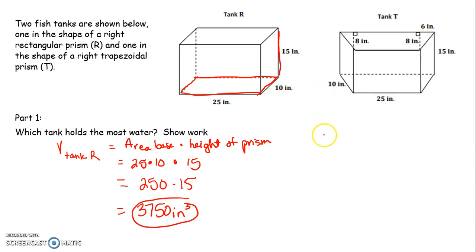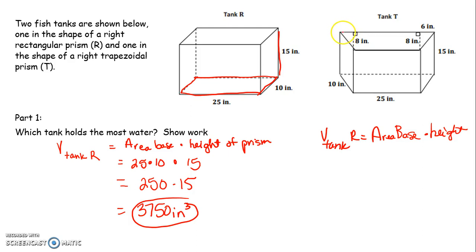So now let's find the volume for tank T. The volume of tank T would be given by the area of the base times the height. Well, the base happens to be a trapezoid.